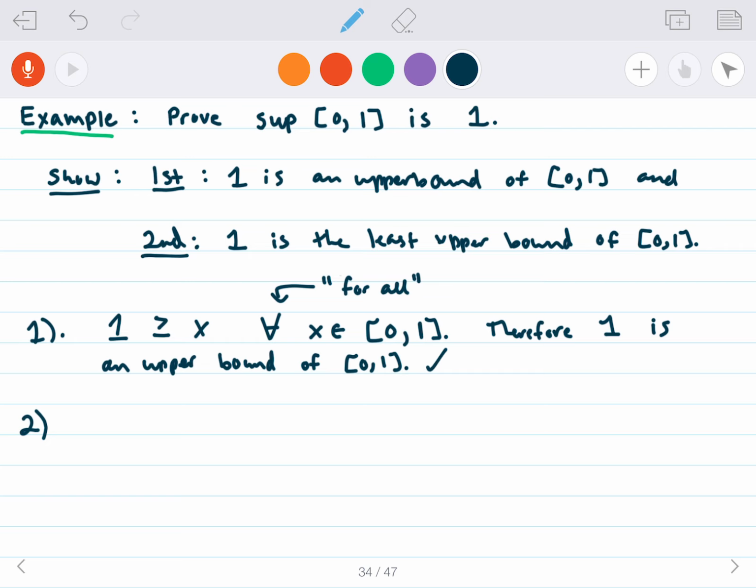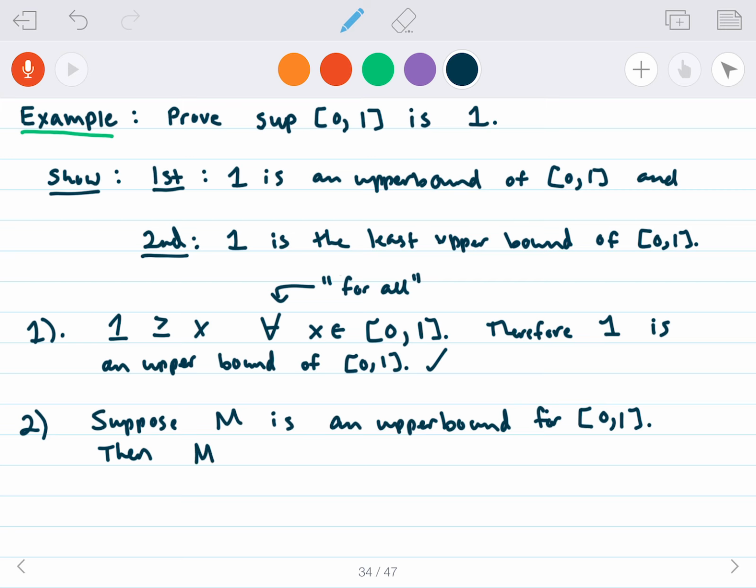Okay, so for the second step, we want to show that it's actually the least upper bound. And remember what we have to show for that. We have to show if there's another upper bound for the set, then 1 is going to be less than or equal to that upper bound. Okay, so suppose that M is an upper bound for [0, 1]. Then what does that mean to be an upper bound?